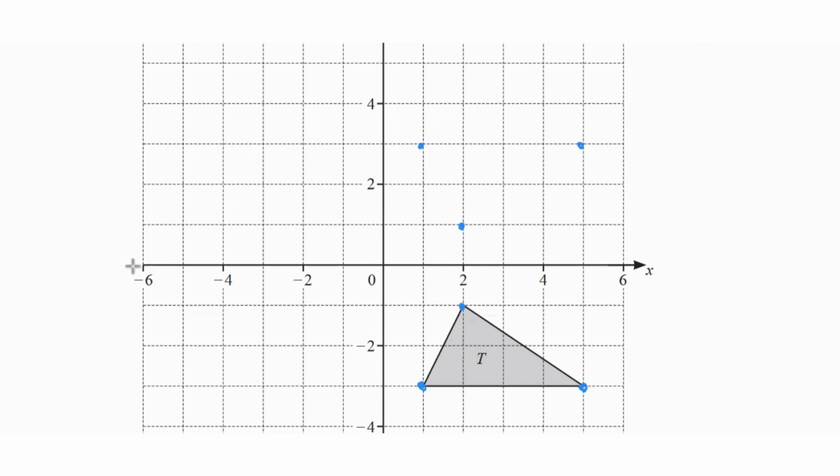As you can see, the x-axis is acting as our mirror line. So you just plot the points at equal distance from the mirror line, as the original point is. So you plot the points, connect the dots, and you can see your reflection of triangle T.